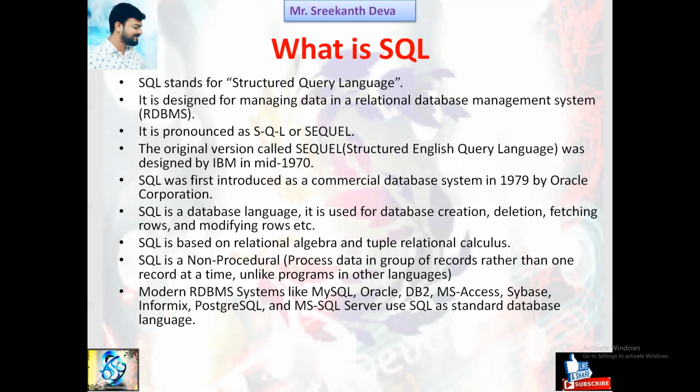It processes data in groups of records rather than one record at a time, unlike other programming languages. C, C++, Java, .NET, PHP, Python are all procedural and object-oriented programming languages, but SQL is a non-procedural language. We write the query simply in English.